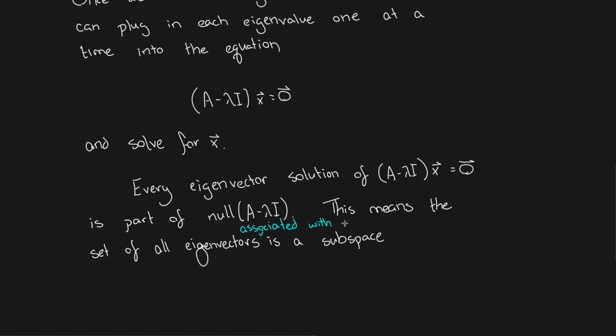The set of all eigenvectors associated with an eigenvalue is a subspace.